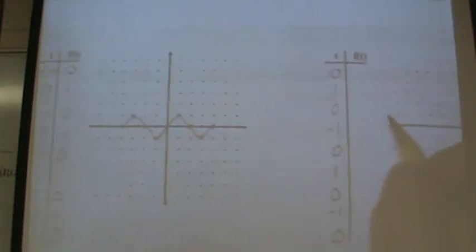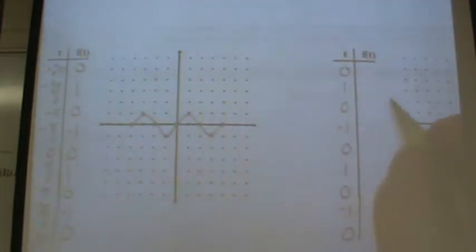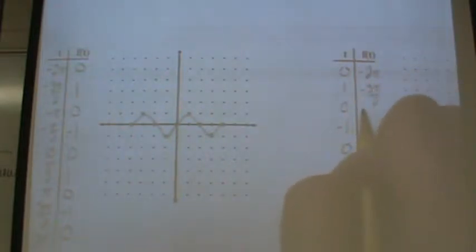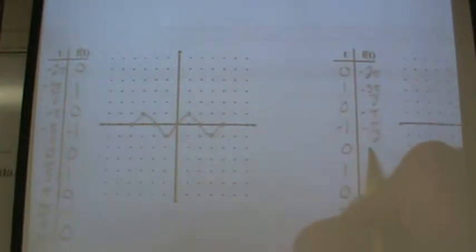And then we're going to put in our new y values. They're going to be our old x values. So negative 2 pi, negative 3 pi over 2, negative pi over 2, 0, pi over 2, pi, 3 pi over 2, and 2 pi.